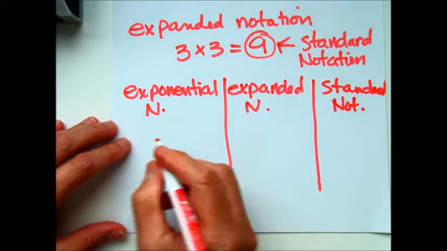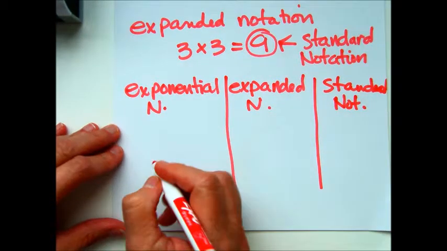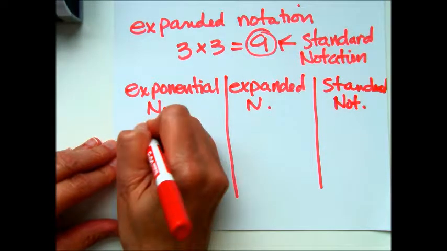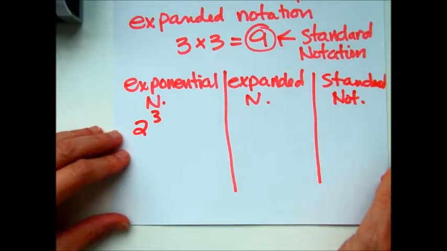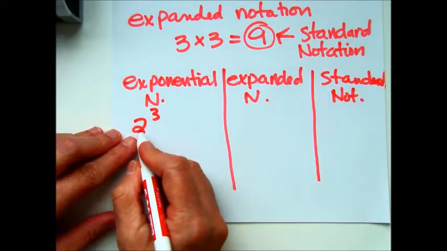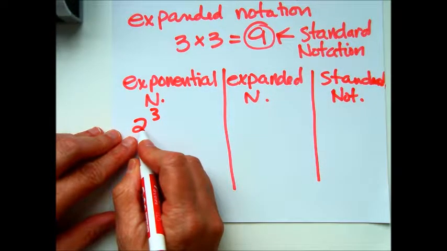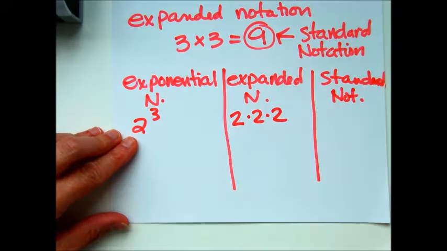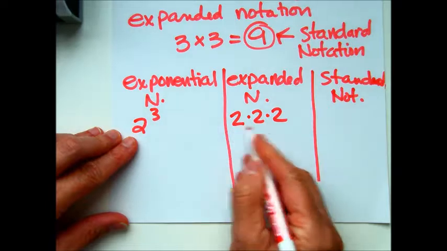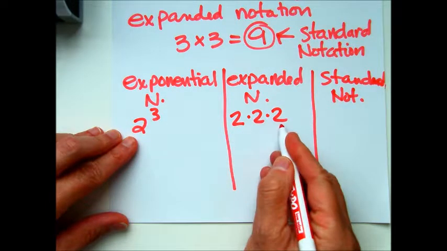All right, so let me give you a couple of examples. So say we have 2 to the 3rd power. What that means is we're going to multiply this 2 3 times. So 2 times 2 times 2. 2 times 2 is 4, times 2 is 8.